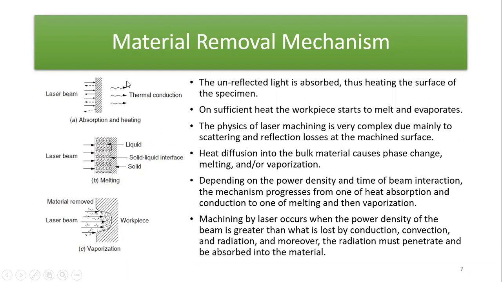Whatever is absorbed is used to heat up the material, but some will be reflected back. Heat diffusion into the bulk material causes phase changes, melting or vaporization, depending on the power density and type of beam interaction. The mechanism progresses from heat absorption and conduction to melting and then vaporization.